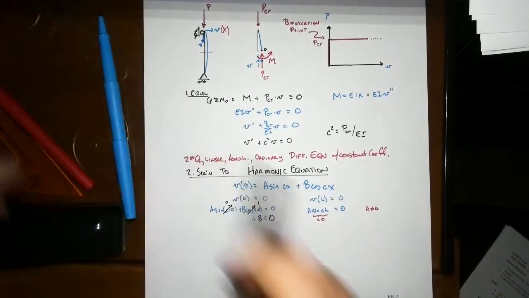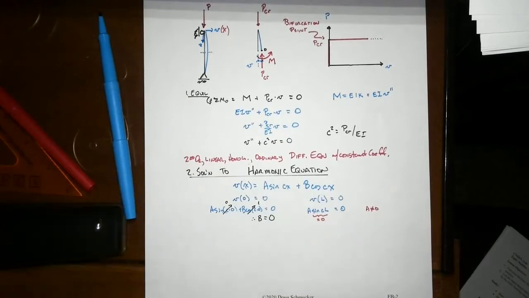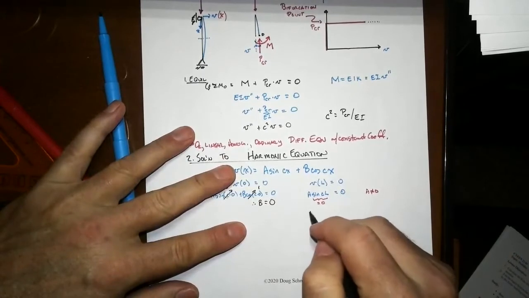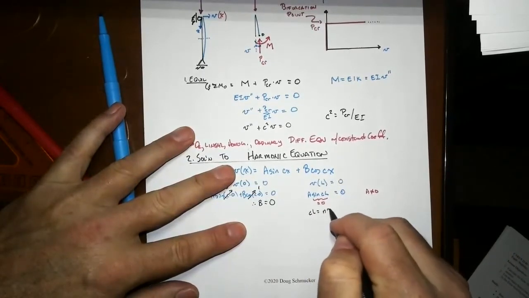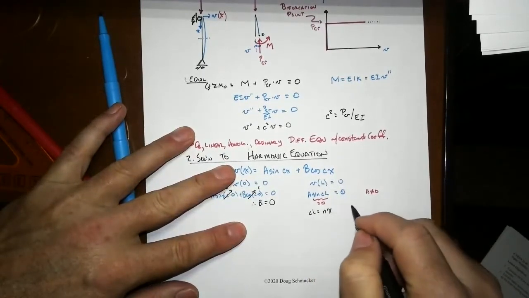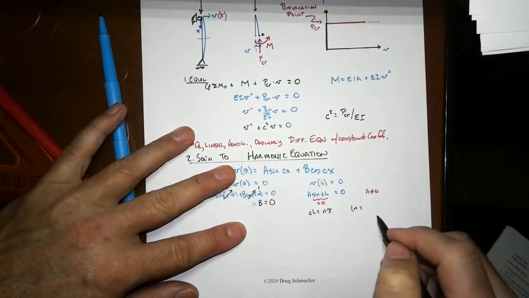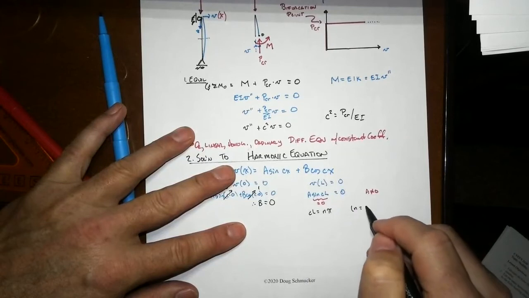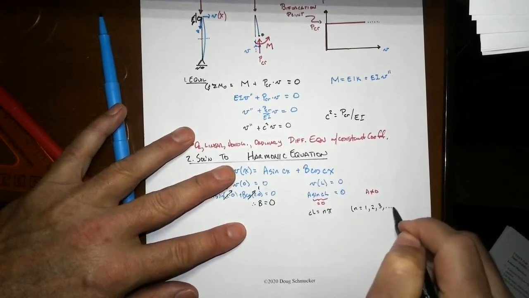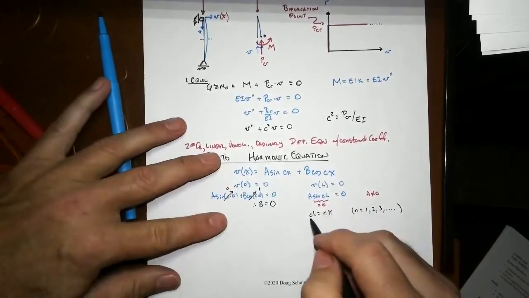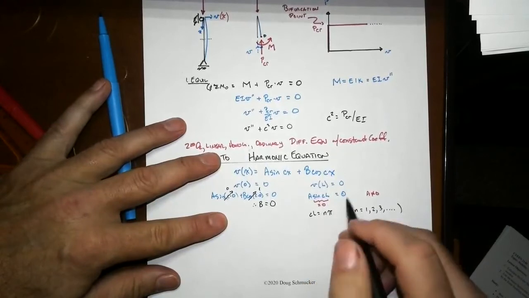And that happens only at specific locations, right? cL has to be equal to n times pi, where n equals 0 would be a possible solution, but again, if n equals 0, it's a trivial answer. So n equal to 1, 2, 3, integer values of pi as we work our way up. That c, wow, well now look at this.